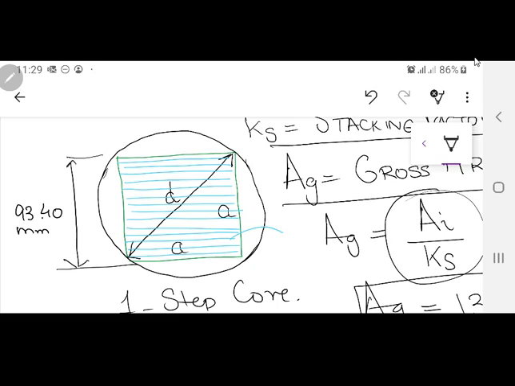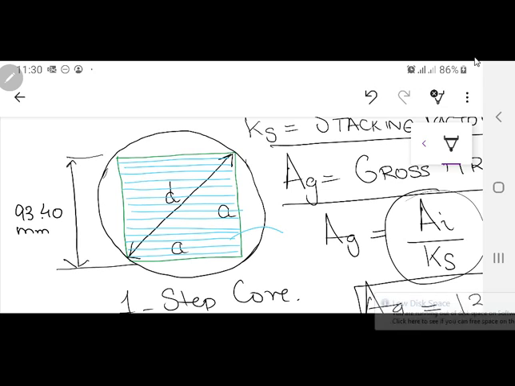You know the thickness of one lamination, that is 0.85 or 0.95 whatever. Divide this total length A by the thickness of one lamination, you will find the total number of laminations. I am not doing this step here.